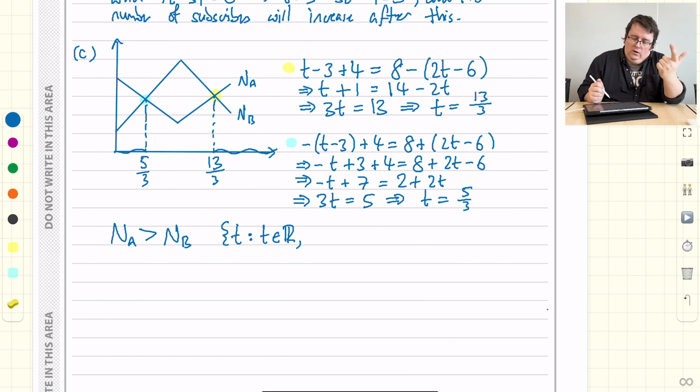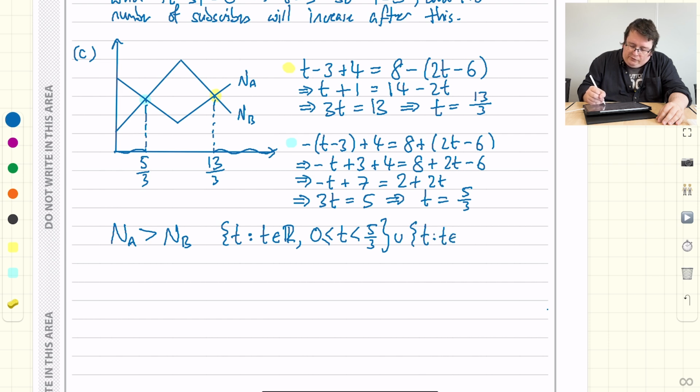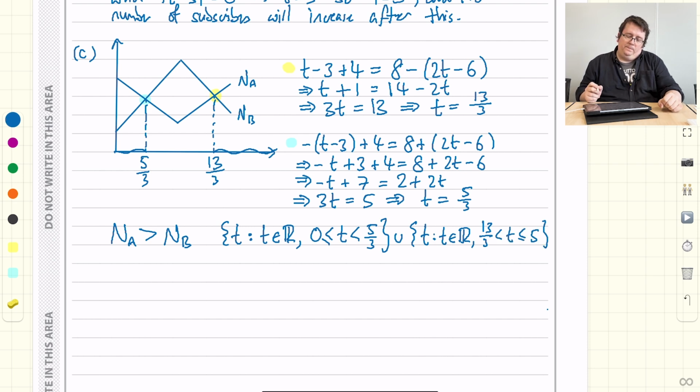Now, will it accept t is less than 5 thirds, but t is greater than or equal to 0? So I think we should probably have 0 is less than or equal to t is less than 5 thirds. Then union, t such that t belongs to the real numbers, and then t is greater than 13 thirds, but then it's going up to 5, isn't it? I'm assuming 13 thirds is less than t is less than or equal to 5 as the endpoints.